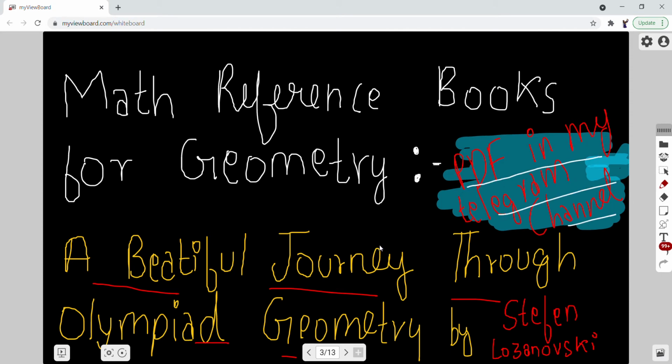This is a really good book. It's gonna cover from AMC to USAMO and from PRMO level to more than INMO, much more than INMO geometry. It's a really good book. Even I study from this book myself. I study like every day from this book for geometry.